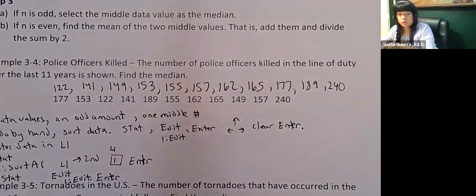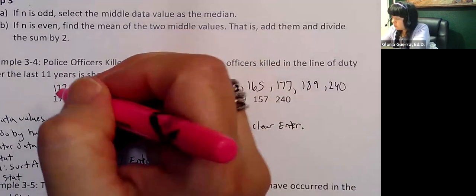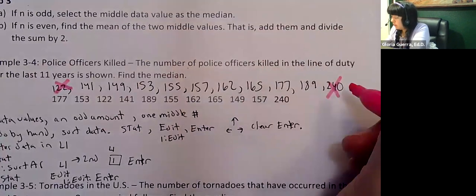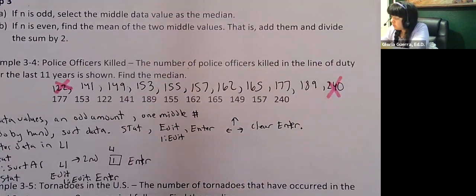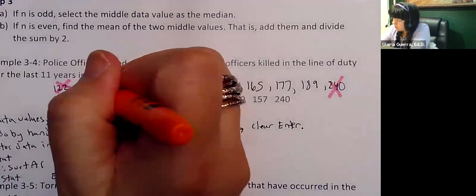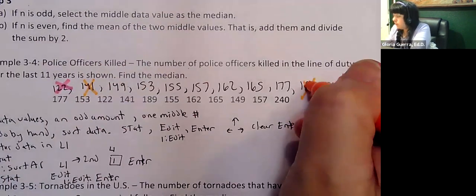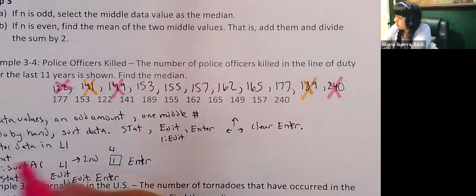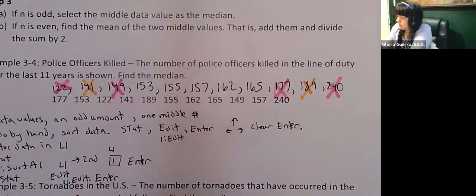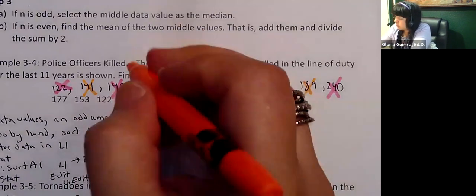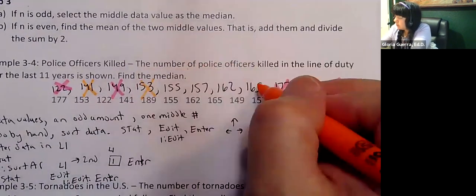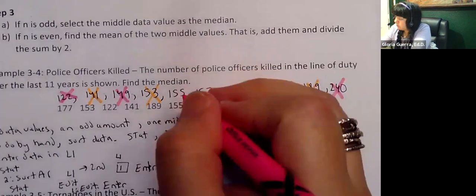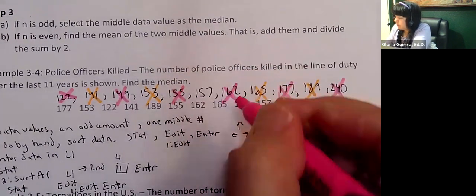So you cross out one in the back, one in the front, one in the back, one in the front, one number in the front of the list, one in the back.